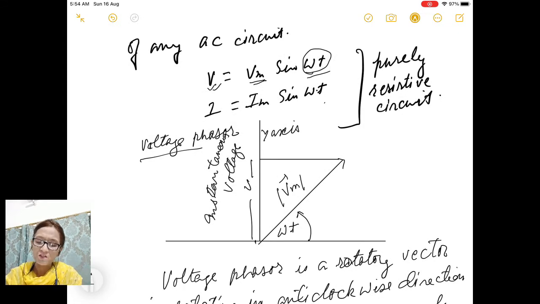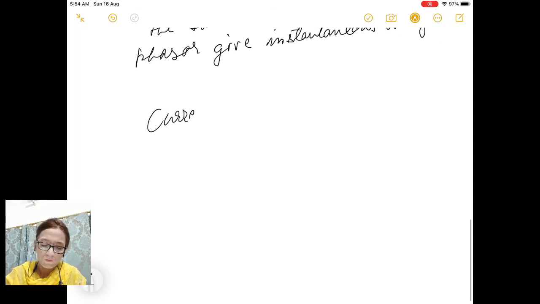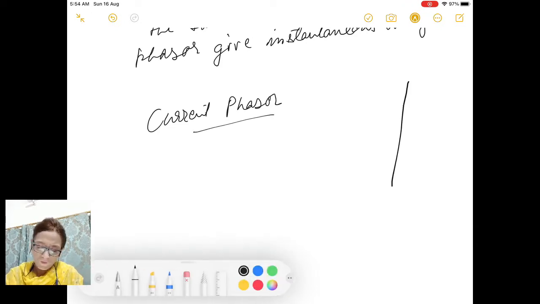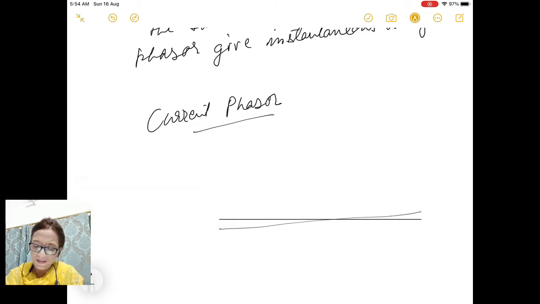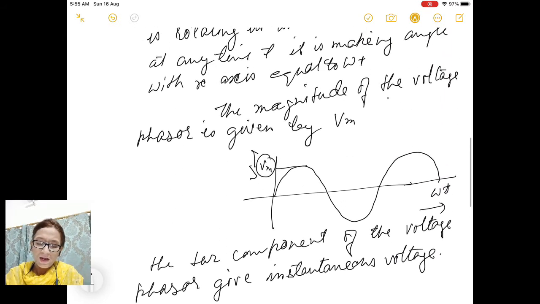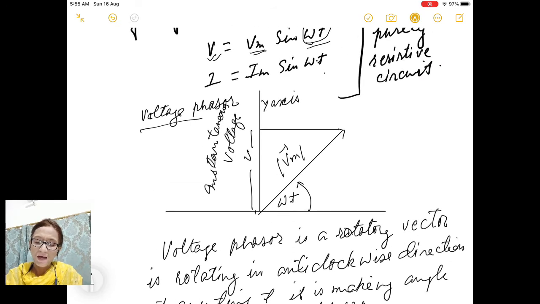Now next one is your current phasor. In the same way, if you draw coordinate axes, and the instantaneous current value is given by Im sin omega t, the phase angle is omega t.